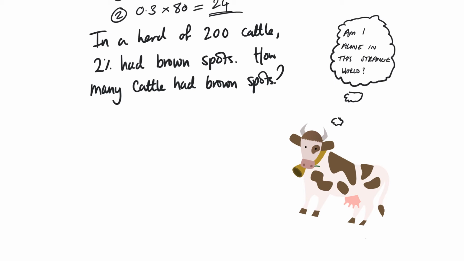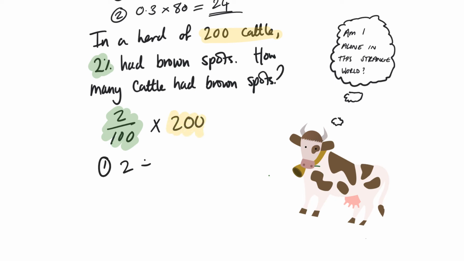So first thing that can sometimes be useful is to actually highlight the information that you need. So in this case, we need to know it's 200 cattle and we want to calculate the 2%. So you will take, for your sum here, 2 divided by 100. This here represents that 2%. You will then multiply that by 200. And again, you can do a two-step sum.